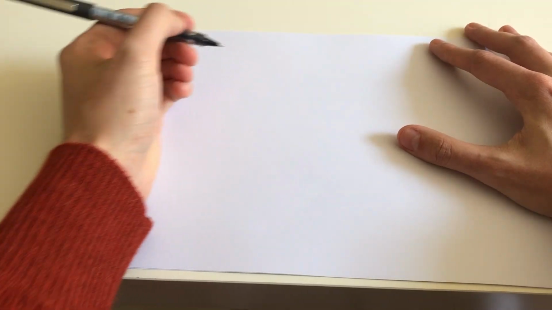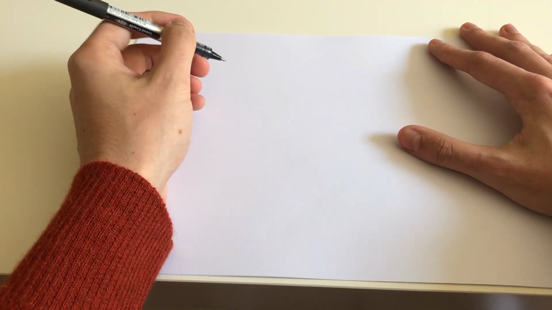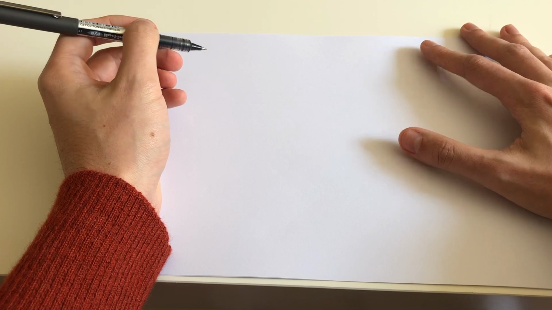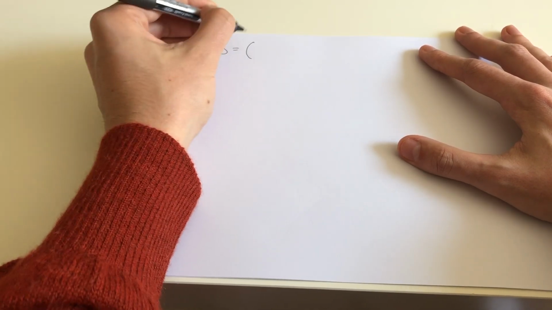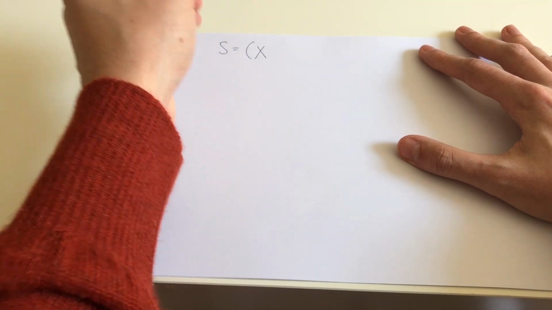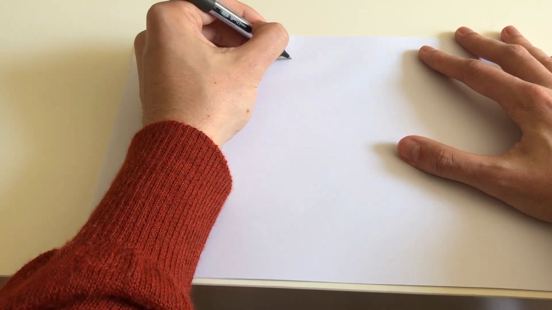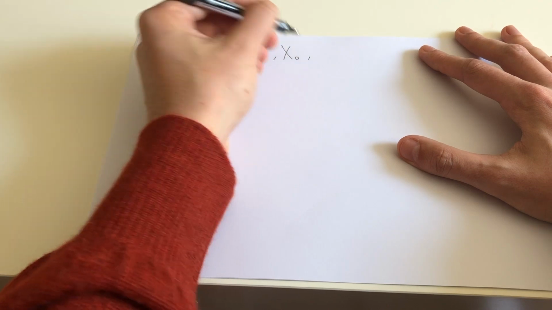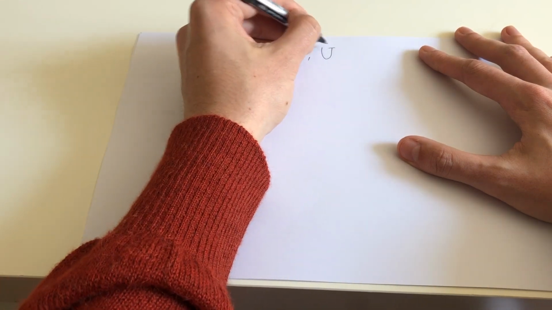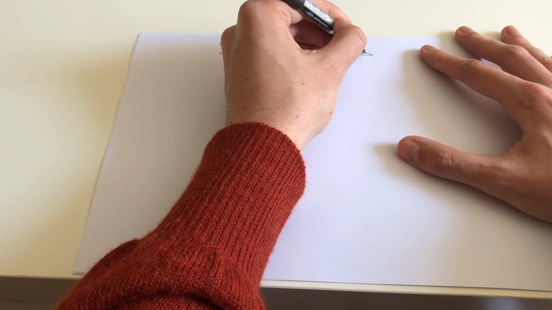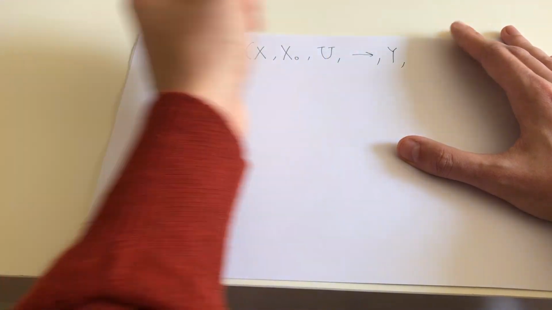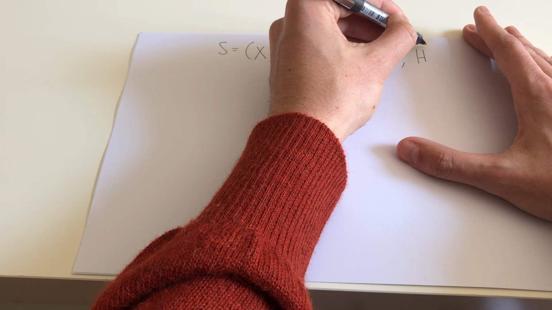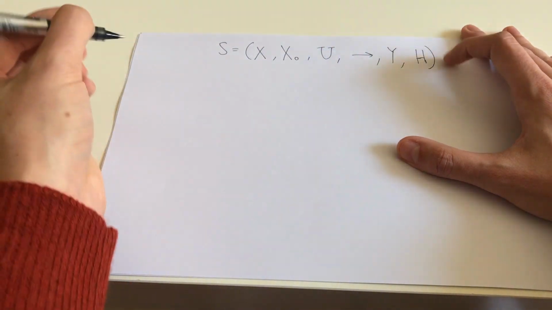I'm about to leave it there for today's video, but it's useful to think about how we can simplify this system definition. If I write it again, we have S equals X, the set of states, X0, the set of initial states, U, the set of inputs, an arrow representing the transition relation, Y representing the outputs, and H, which is the map from state to output.